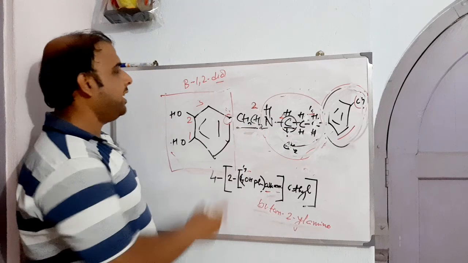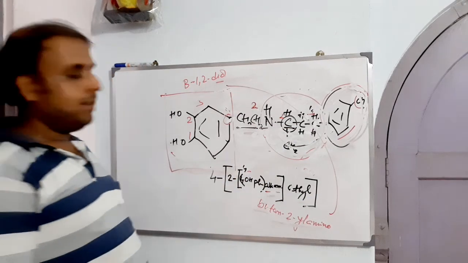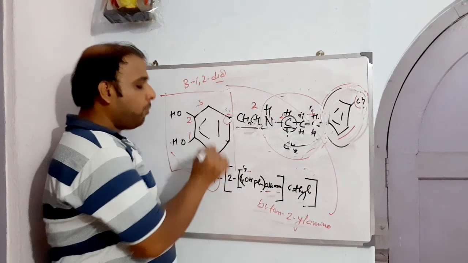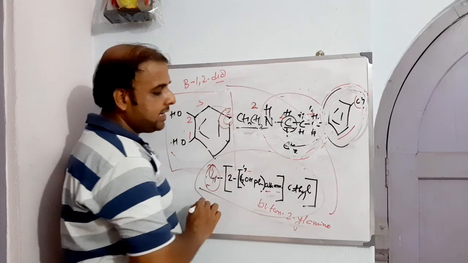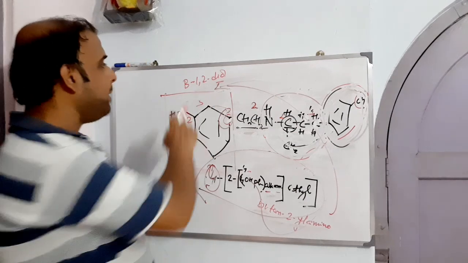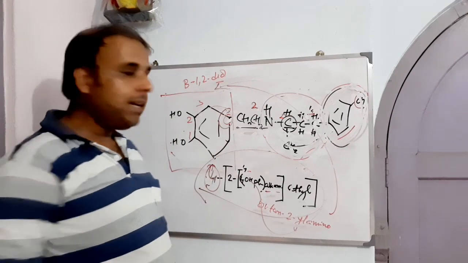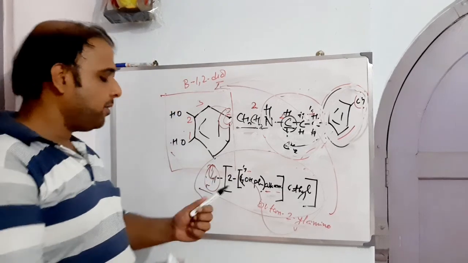And finally we are left with what? Benzene 1,2-diol. So this is the 4 of what? 4 of this benzene. So that is why 4. We are done with the substituent and then moving to the parent, that is benzene 1,2-diol. Got my point? So this is the way the IUPAC name can be framed. Nothing else is there, right? Okay.